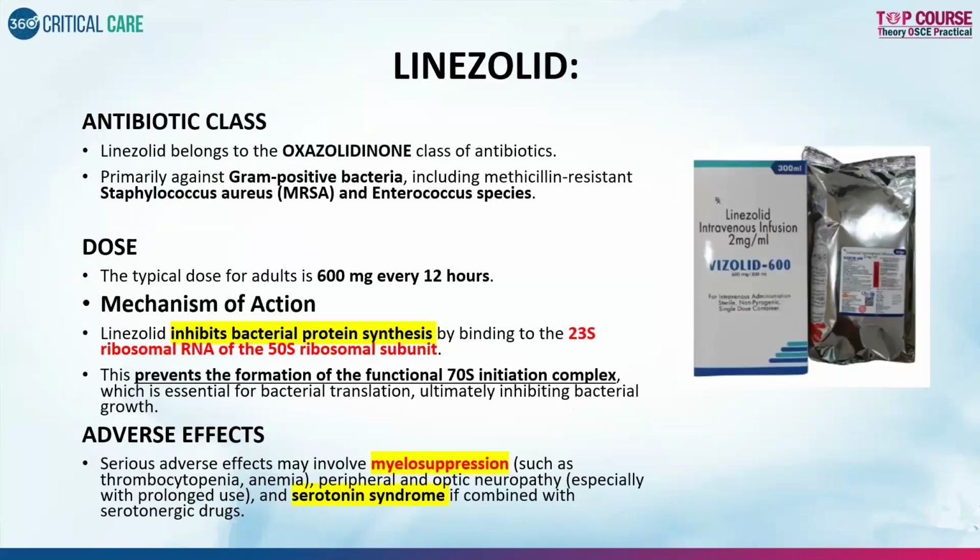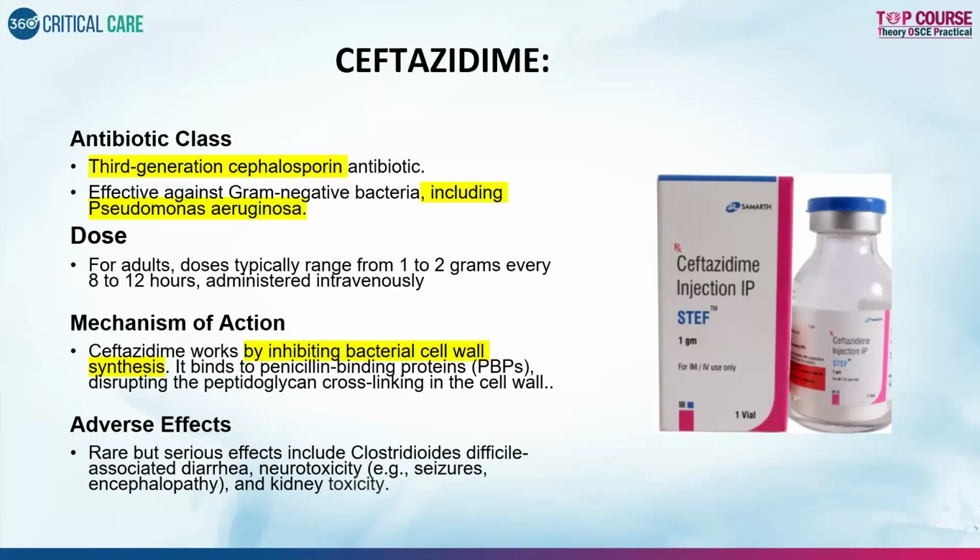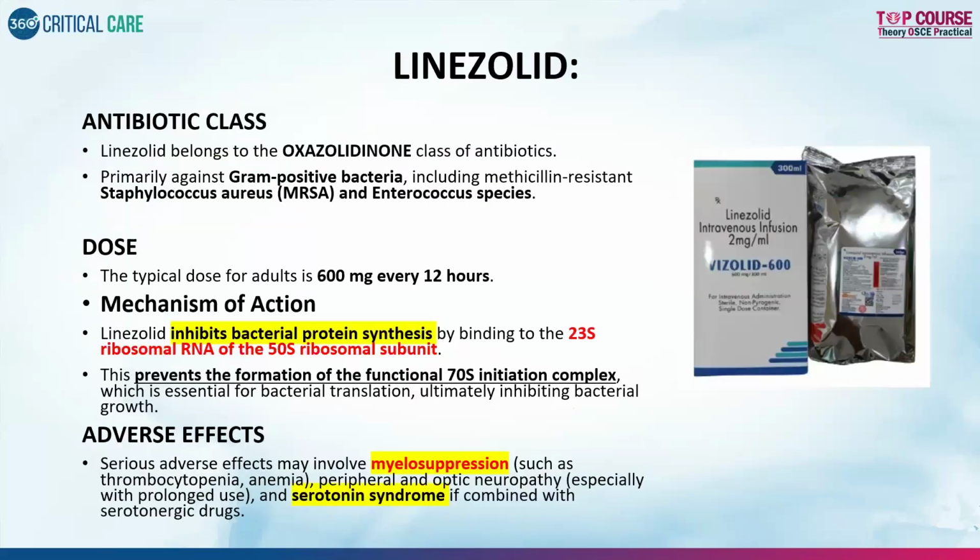Coming to the next antibiotic, linezolid. Who wants to answer this? What is the group of antibiotic, linezolid? Oxazolidinone. Good. Where do you use it? What is the dose? The dose is 600 mg IV or oral Q12H.